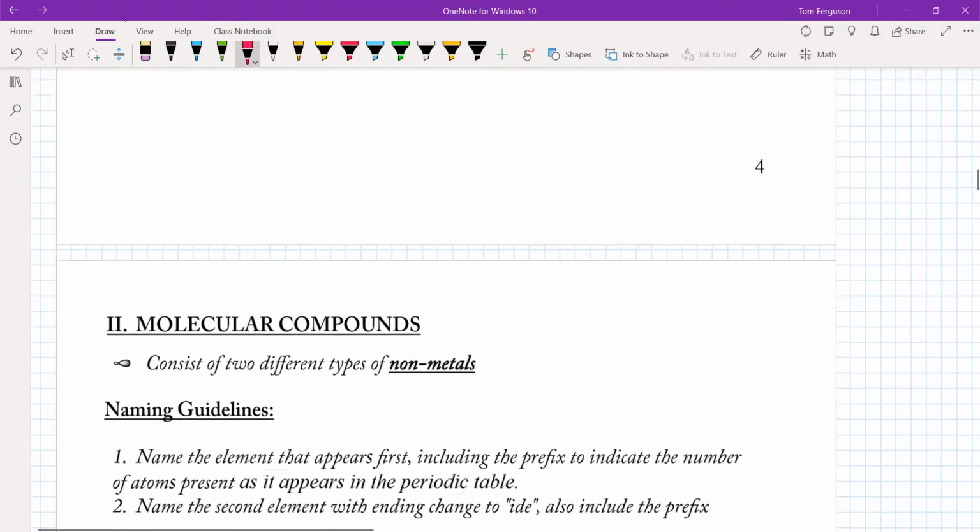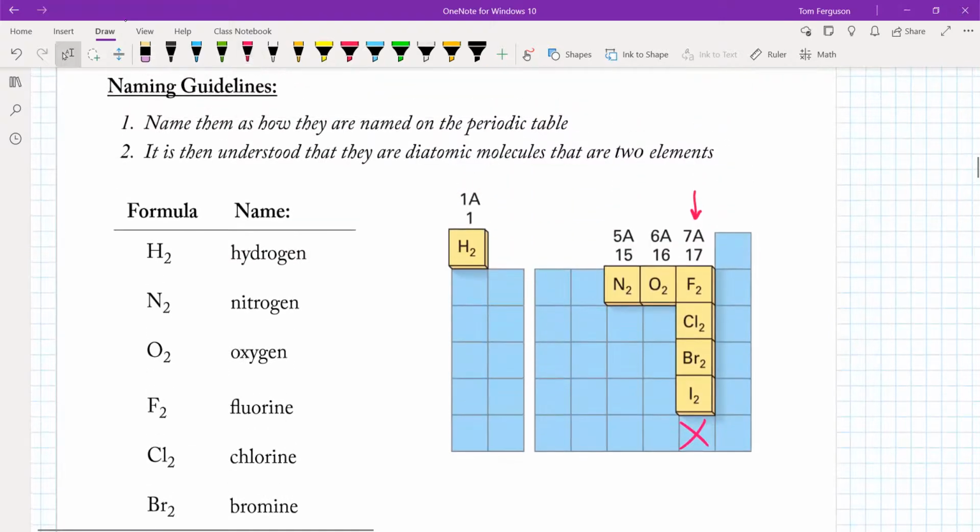All right, and when you name them, all you need to say is hydrogen. These are also gases at room temperature. Now you don't have to say hydrogen gas, but it's okay if you do.